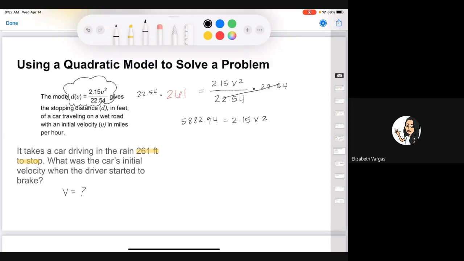I need to further isolate my v, so I'm going to divide by 215. That'll give me approximately 2,736.25 is equal to v squared. To get rid of my squared, I have to take the square root of both sides.